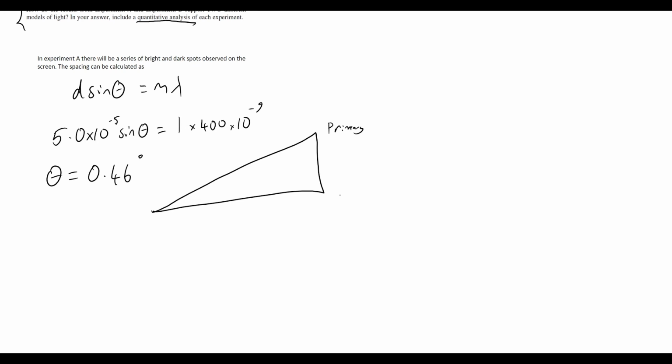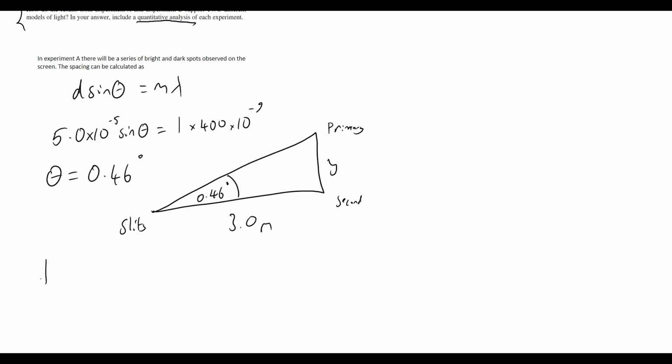Then this is going to be our second fringe, our second most bright spot. The distance from the slits to the screen is 3 meters. We know that this angle is 0.46 degrees. And we just want to figure out what this length is from primary to secondary. Let's call that length y.